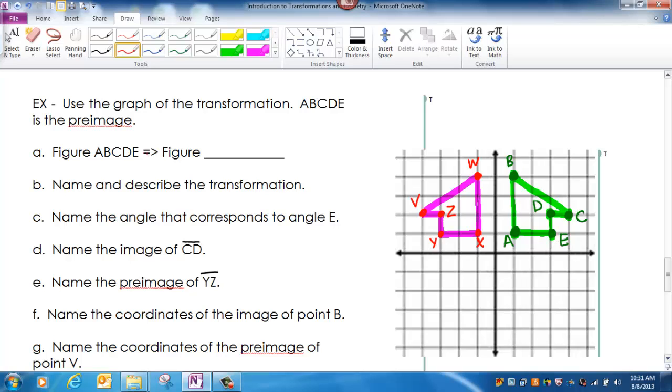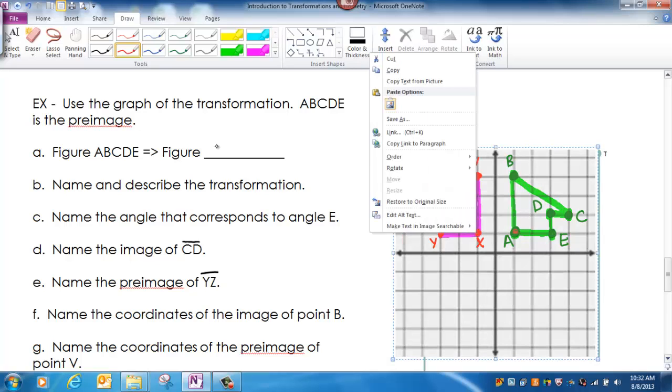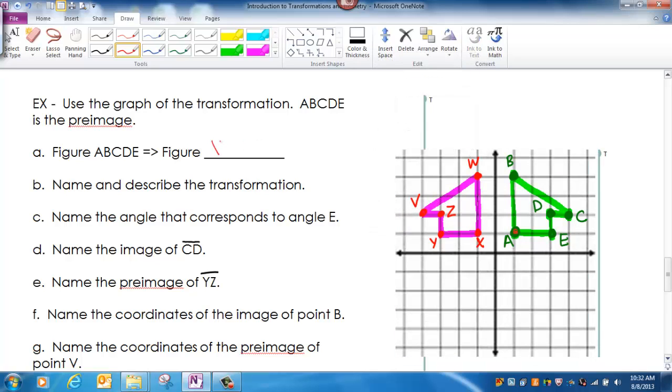You start with A. If here is A, then that is going to line up or map to X in the image. So figure XWVZY: B lines up with W, C lines up with V, D goes with Z, and E goes with Y.